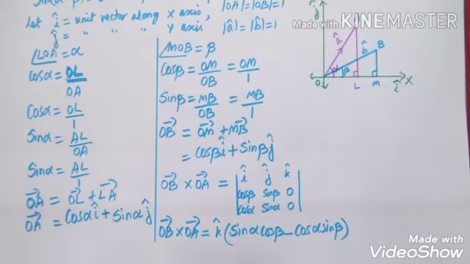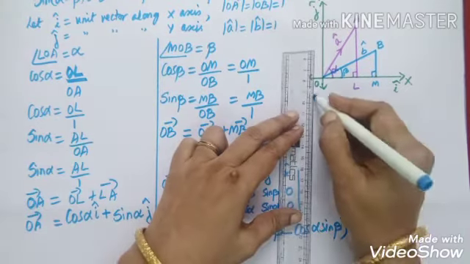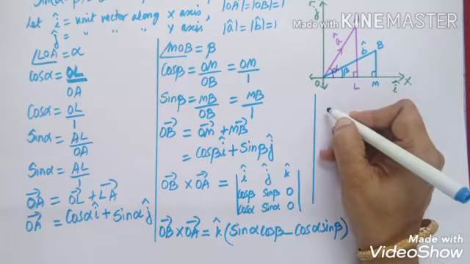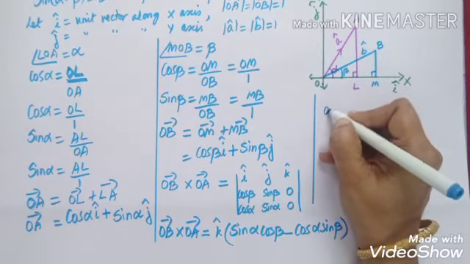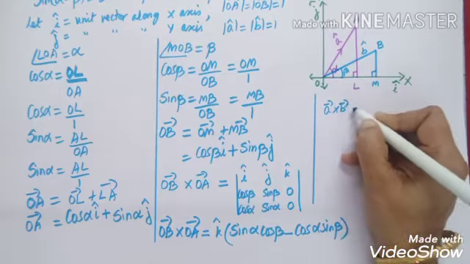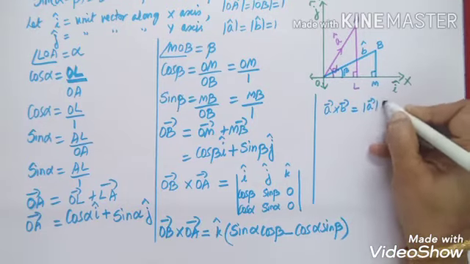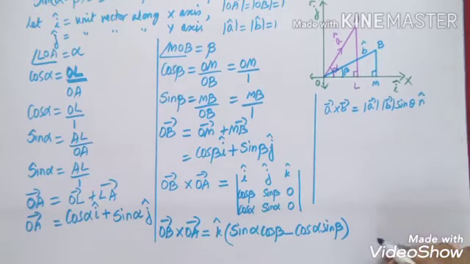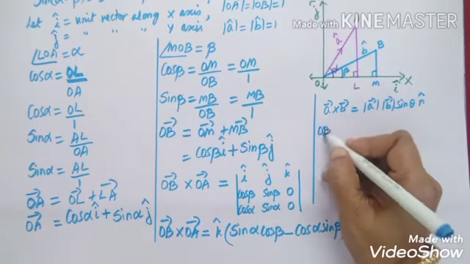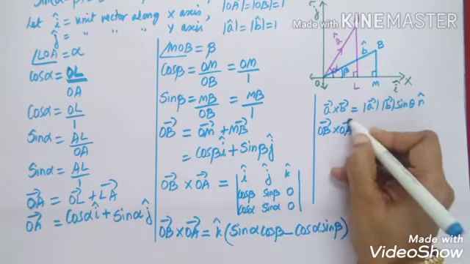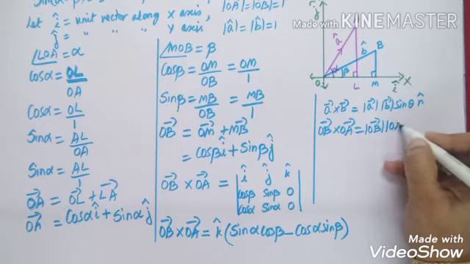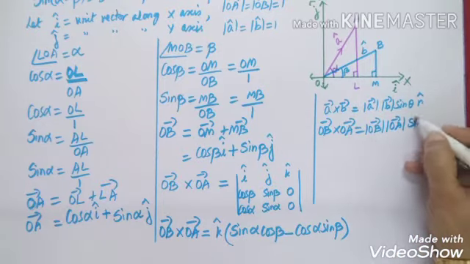Now the same problem I can do using the formula for A cross B. What is the A cross B formula? It is mod A, mod B, sin theta and n cap. In this question, I am going to find out OB cross OA. It is mod OB, mod OA, sin.